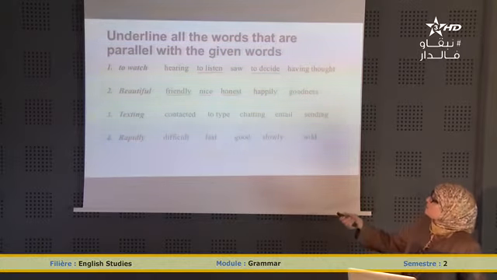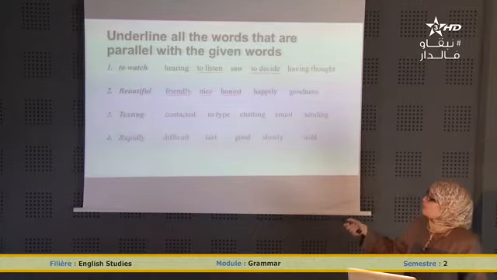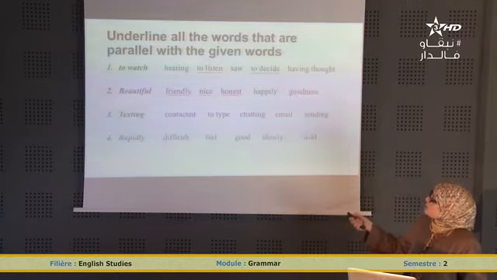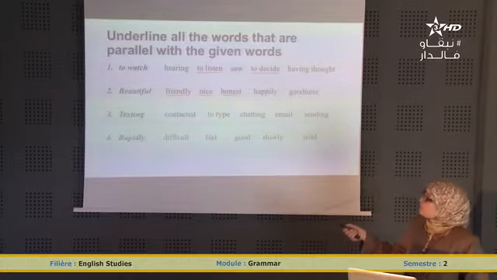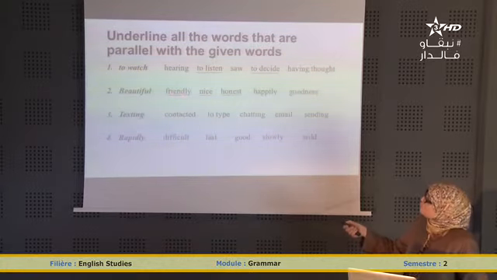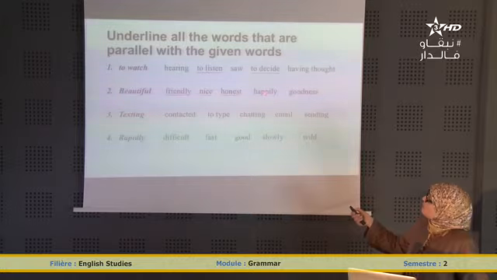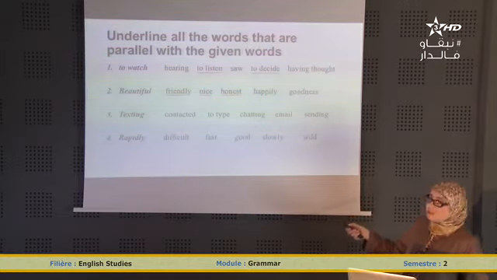Now, because beautiful is an adjective, and friendly is an adjective, then friendly is parallel with it, nice and honest. You should keep this in mind: friendly in terms of form ends with ly in the same way as happily. But happily is an adverb of manner, but friendly is an adjective.